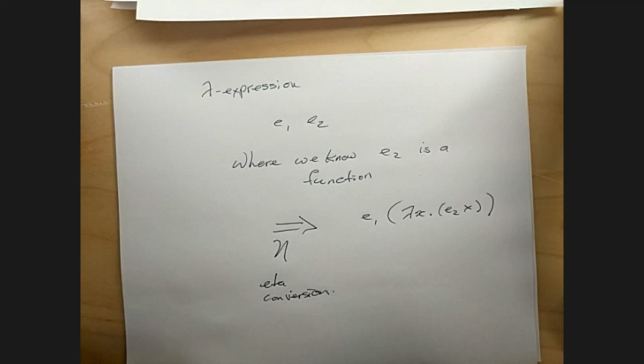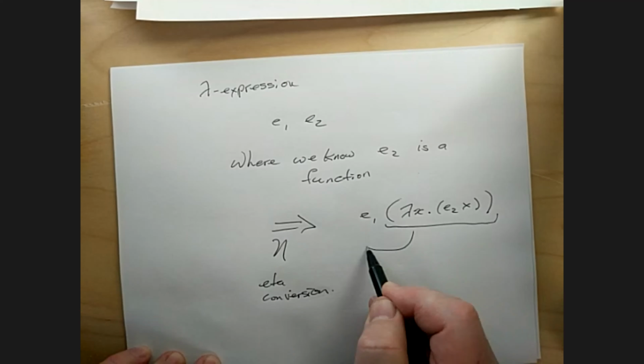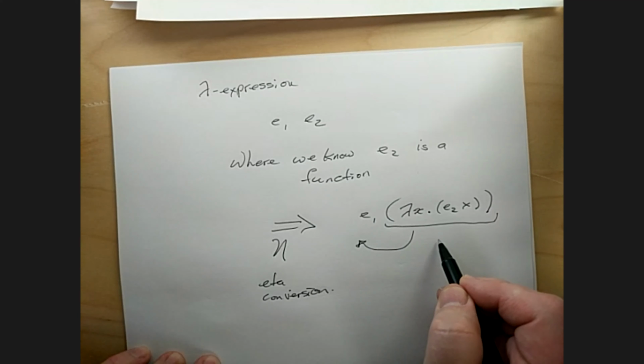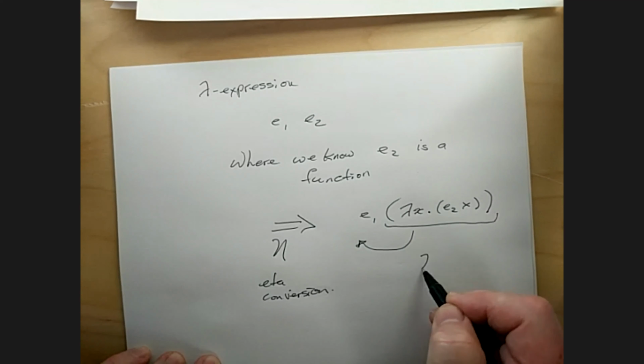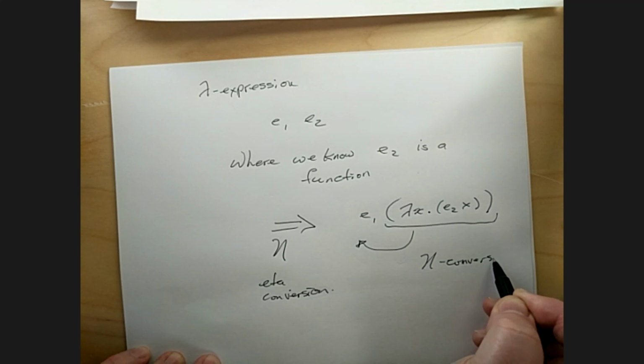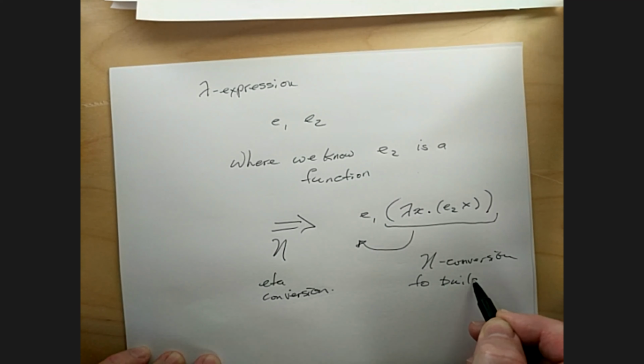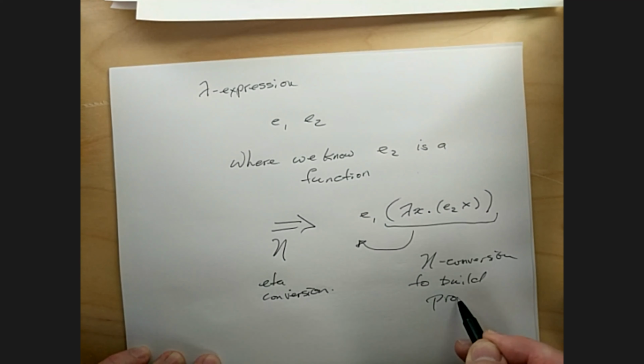And guess what? Even in applicative order, this is going to get substituted. So we're going to use eta conversion to build a promise.